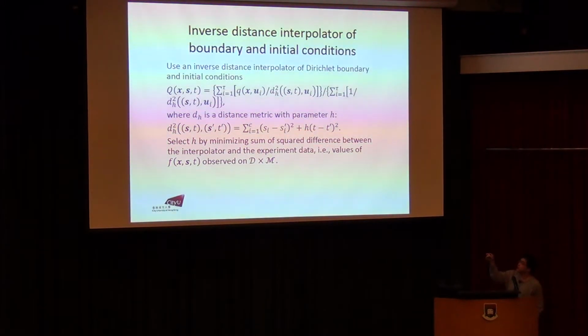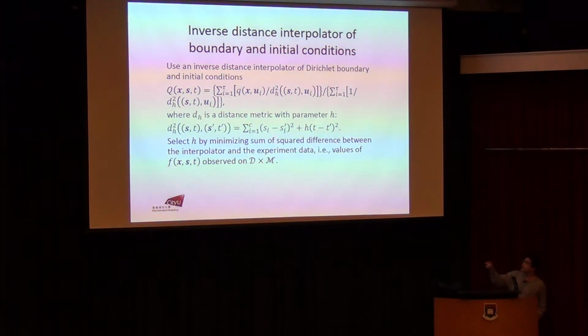With this inverse distance interpolator, the weight for q(x, u_i) is the inverse of the squared distance d_h squared between the space-time point (s, t) at which we want to predict and the node u_i. These weights are normalized, so you see we divide by the sum of the weights. So Q is a convex combination of the values at the Dirichlet boundary nodes and the nodes at time 0.